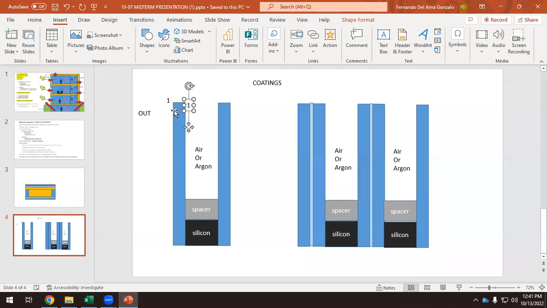This is number 2. Number 3. And number 4. Okay, so the coating is a treatment.